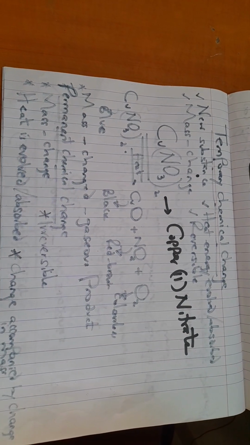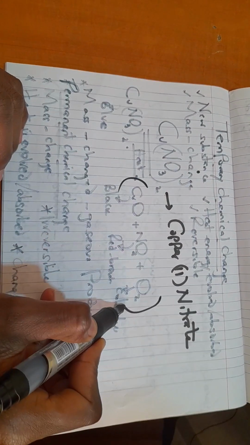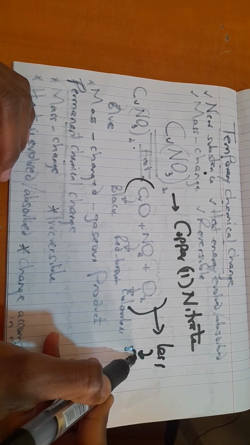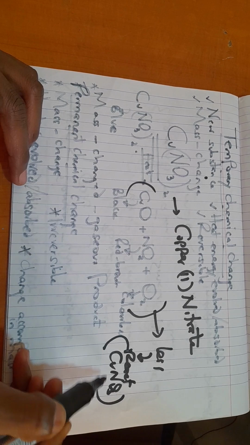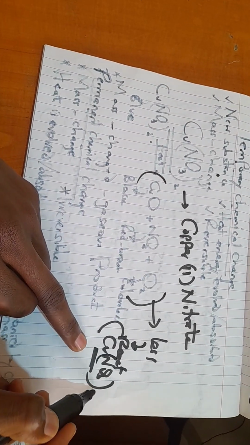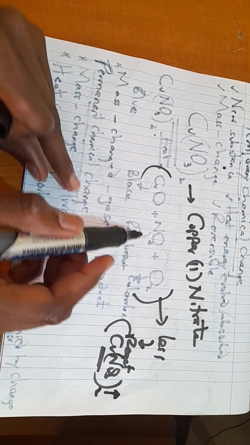These two are the gaseous products, and what you need to understand is that the moment you measure the mass of the product here, it is less compared to the mass of the reactant. Why? Because during the decomposition of this copper(II) nitrate, most of the gases are released into the atmosphere.